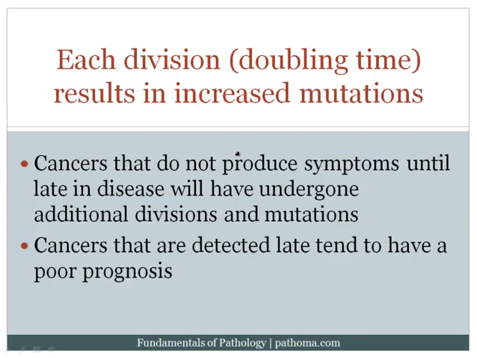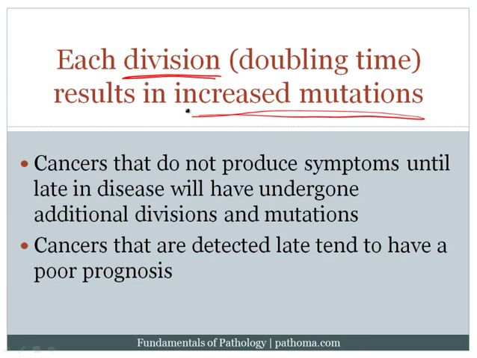Now, what's important to note is that with every division, there's going to be increased mutations because cancers are growing out of control. The DNA is not being repaired, mutations are being picked up, and check systems are not able to control the cell. So with every single division, there's going to be increased mutations.